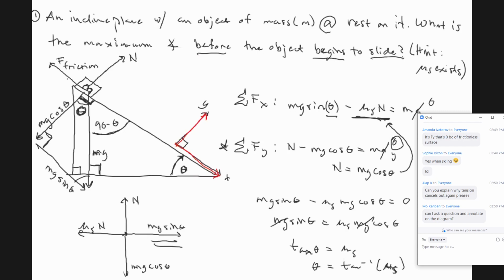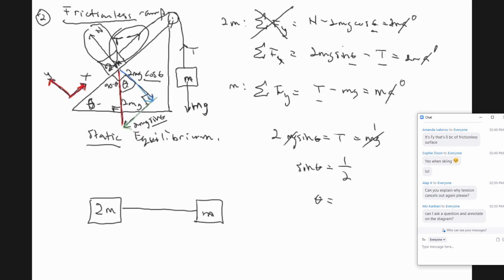Oh yeah, sure. I can explain why tension cancels out. Are you going to annotate for me, Mo? I was about to explain why tension cancels out, but people have been asking questions. Yeah, if you want to answer Alap's question, I can ask my question next. Sure. So for Alap's question, I'm just writing all the actual real forces down.